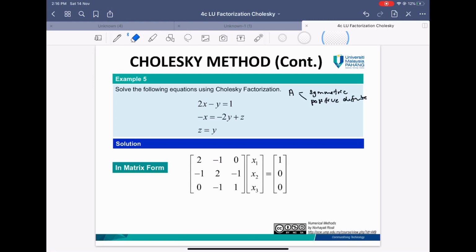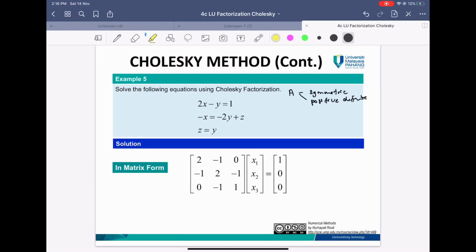Now look at this example. Solve the following equations using Cholesky factorization. First, we need to write the system of linear equations into matrix form. You can see this matrix is symmetric and positive definite.